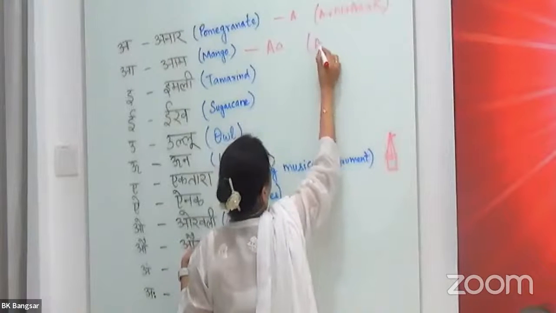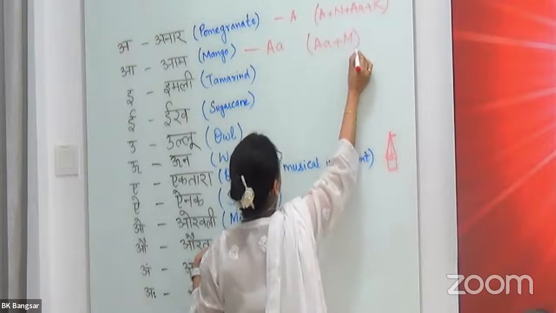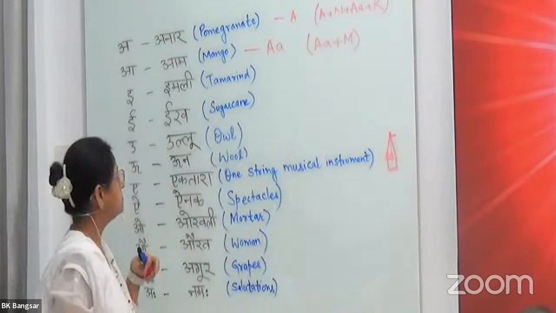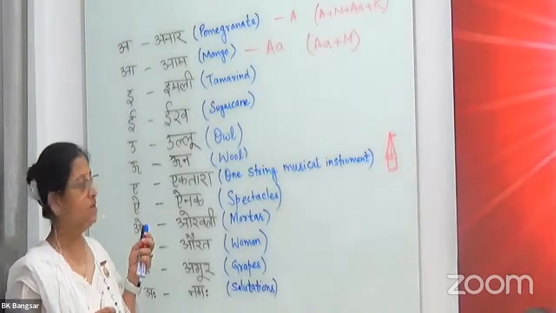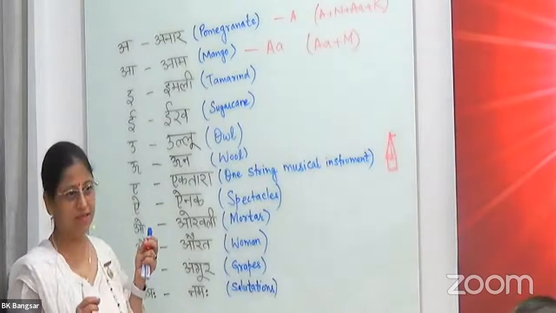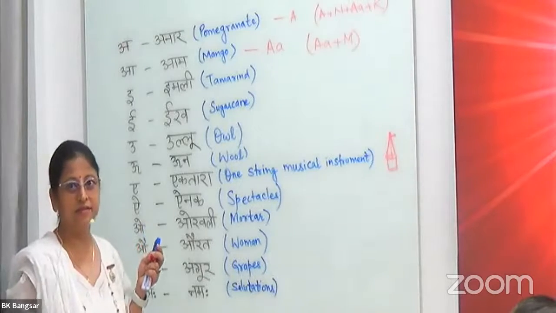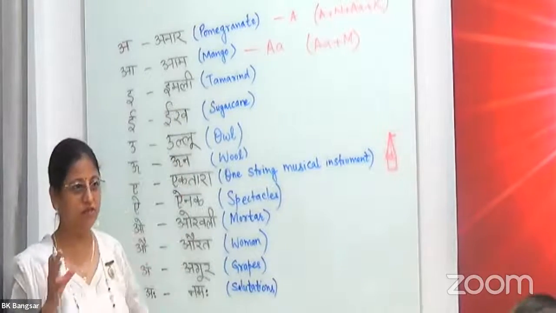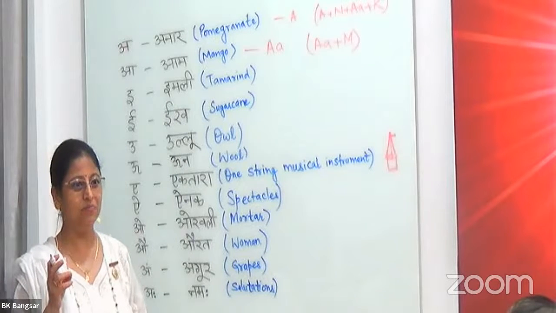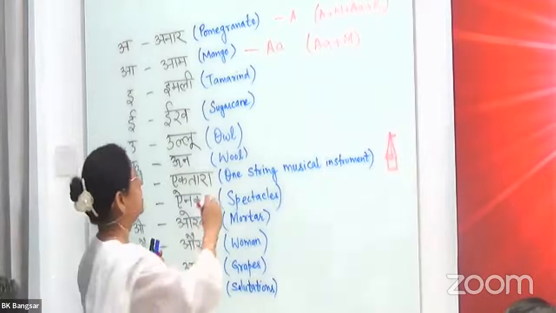A and M. Then is I, which is small I. Visualization is imali. Imali is tamarind in English.